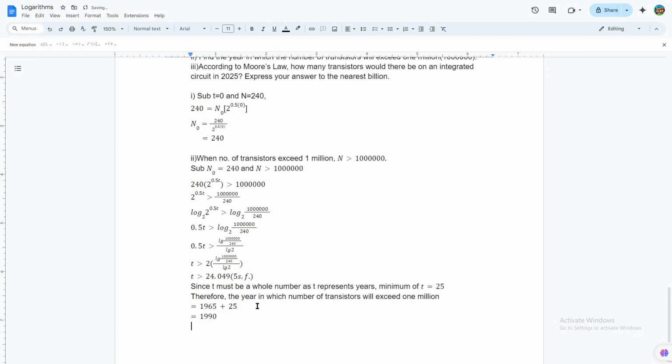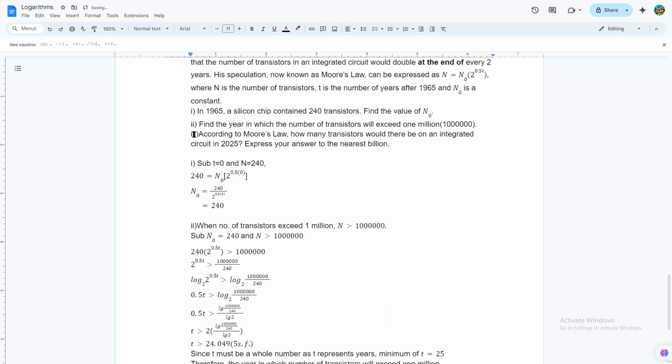So part 3. According to Moore's law, how many transistors would there be on an integrated circuit in 2025? Express your answer to the nearest billion.